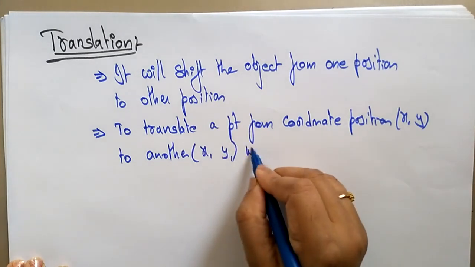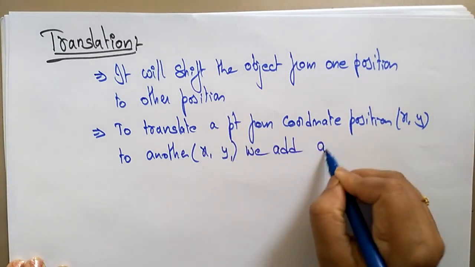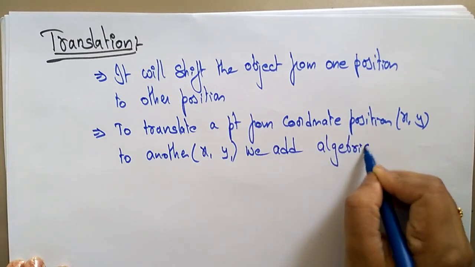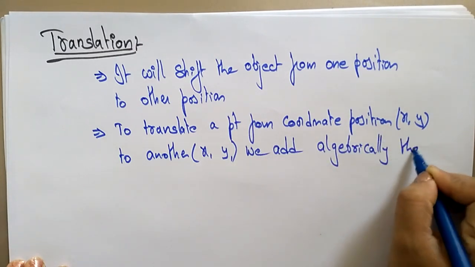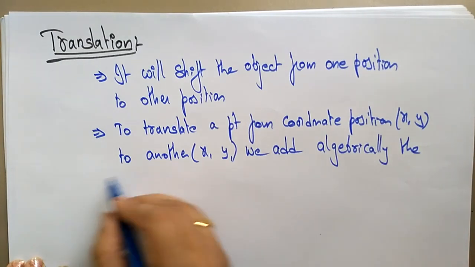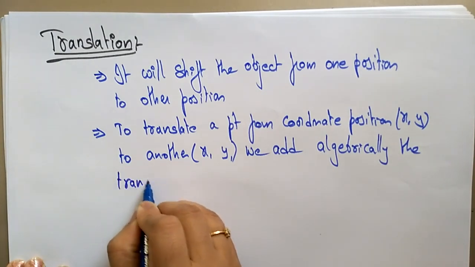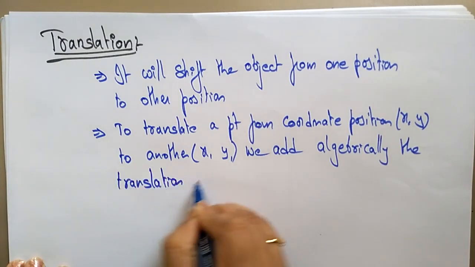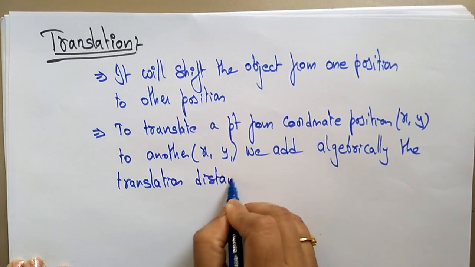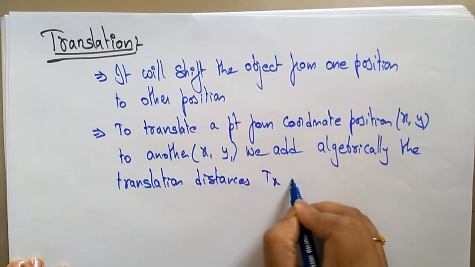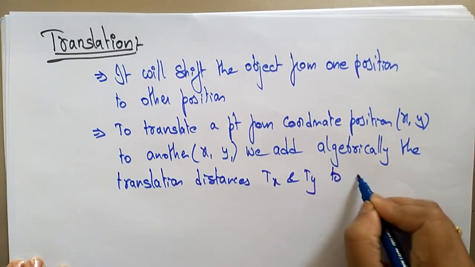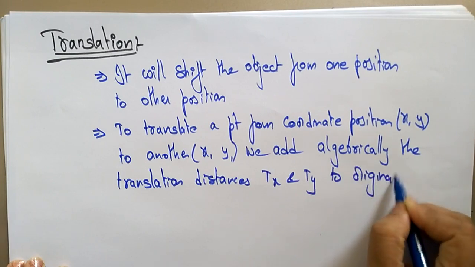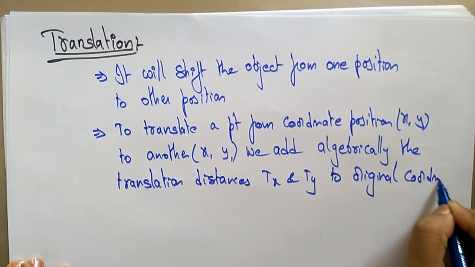We add algebraically the translation distance, like tx and ty, to the original coordinates. So that is the concept.